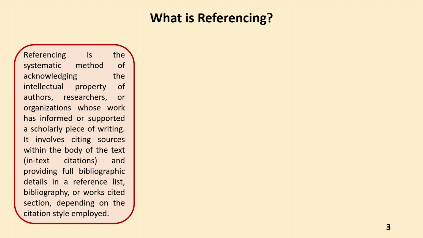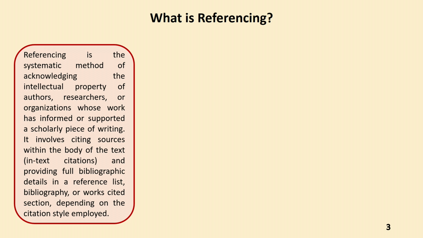So first of all, we have to understand what referencing is. You can see here on the screen, referencing is the systematic method of acknowledging the intellectual property of authors, researchers, or organizations whose work has informed or supported a scholar's piece of writing.